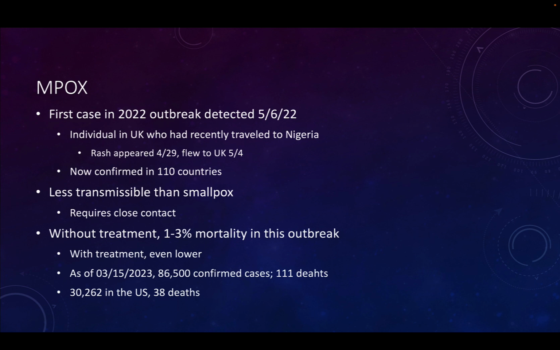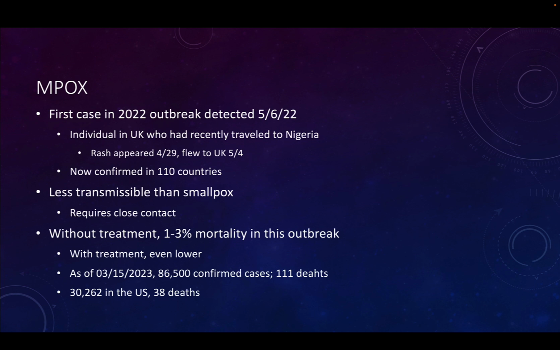So the first case in 2022 was detected in early May. It was a patient from the UK who had recently traveled to Nigeria, developed a rash on April 29th, flew to the UK on May 4th, and was diagnosed on May 6th as having Mpox.